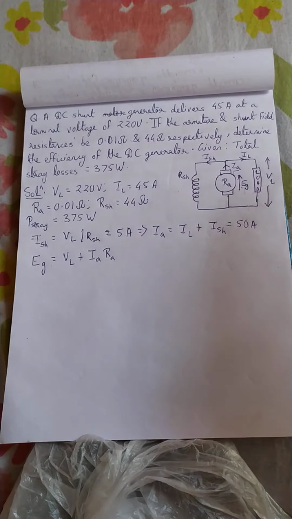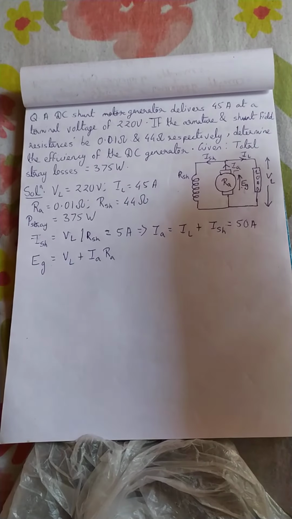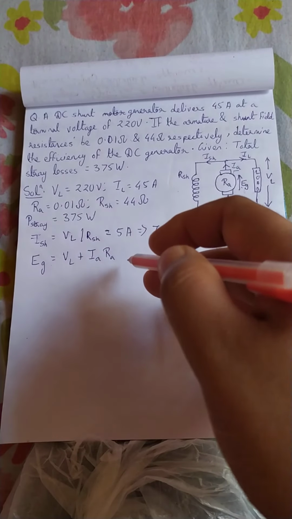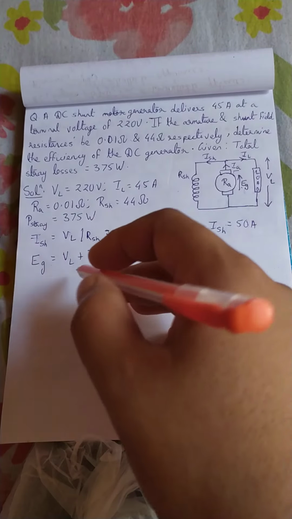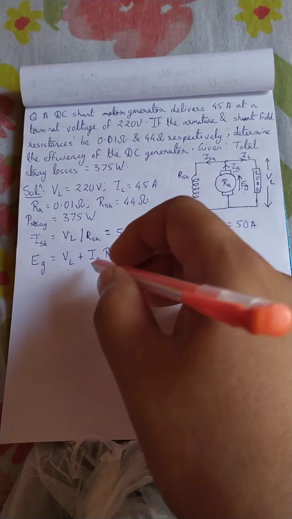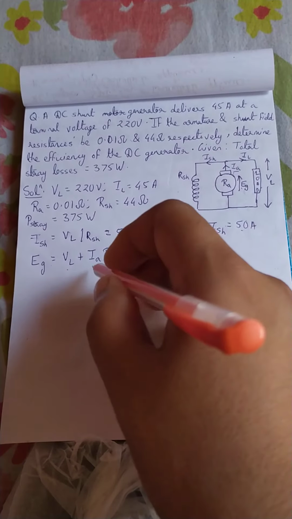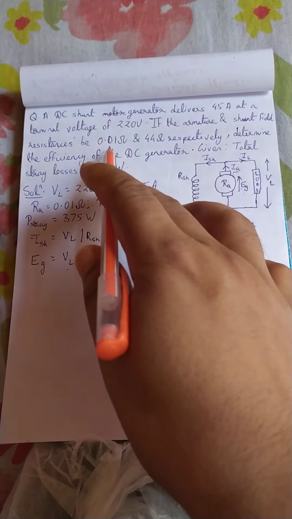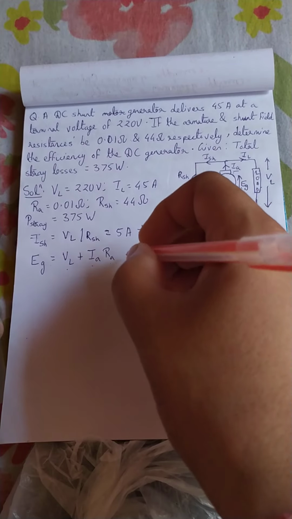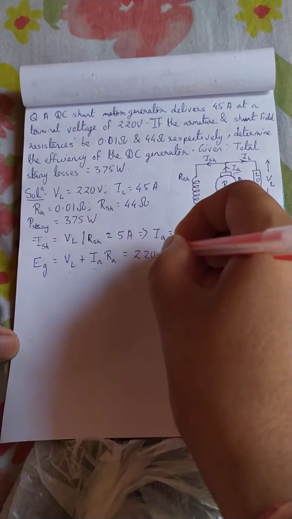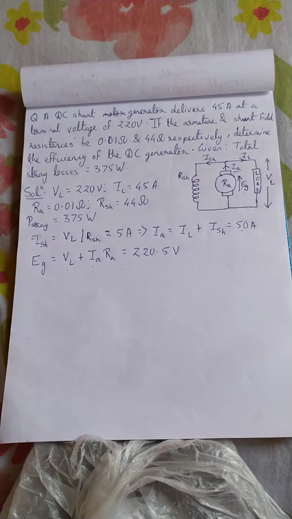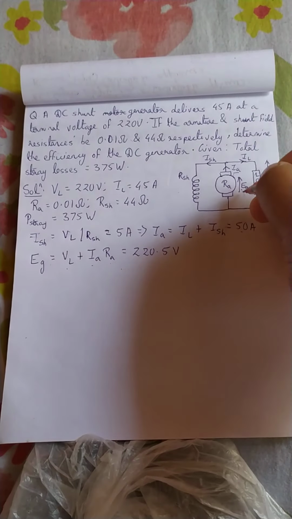I am neglecting the voltage drop which may be occurring in the brushes because no data is given. So putting all the values, VL is equal to 220, IA equal to 50, RA equal to 0.01 ohm, the value will be equal to 220.5 volt. That is the value EG would have.